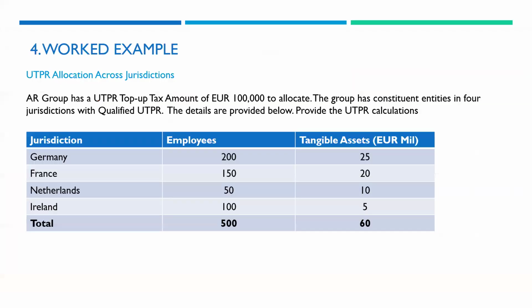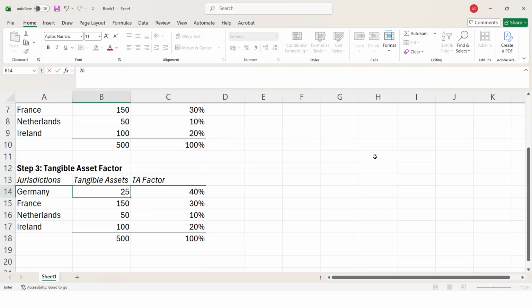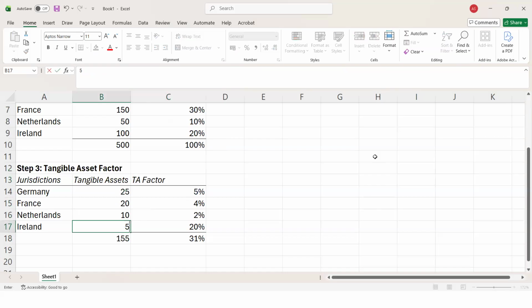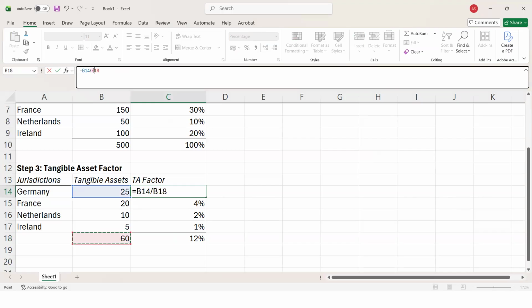The question says in euro millions. Okay. So there are 25, 20, 10, and 5. So in total there are 60 million euros worth of assets.